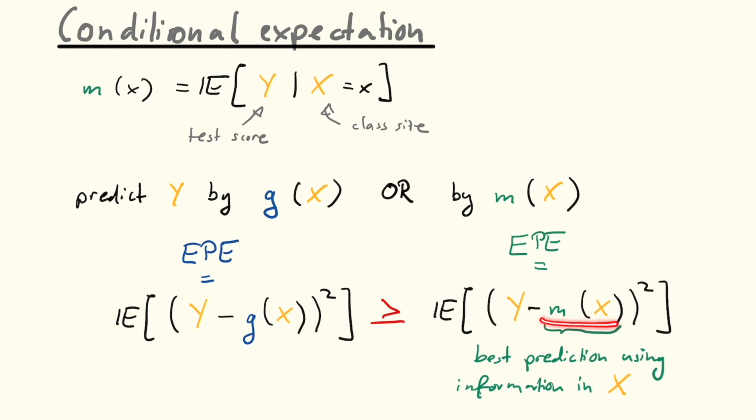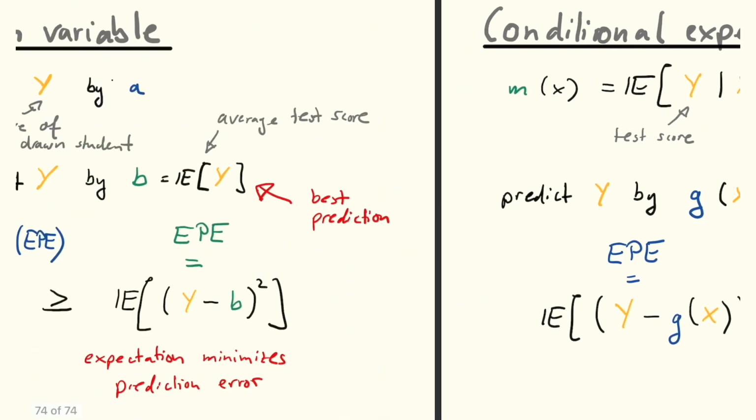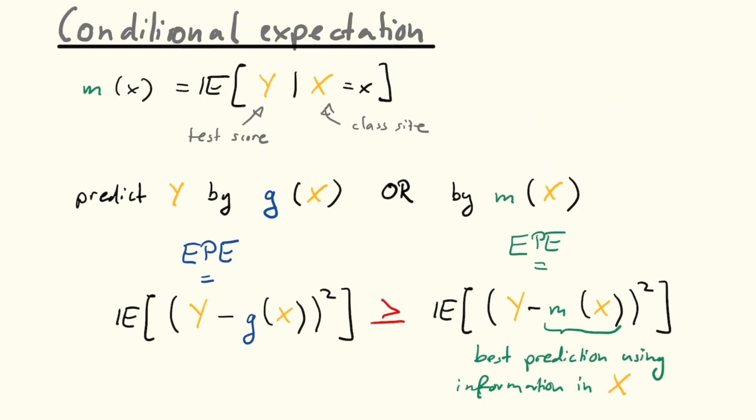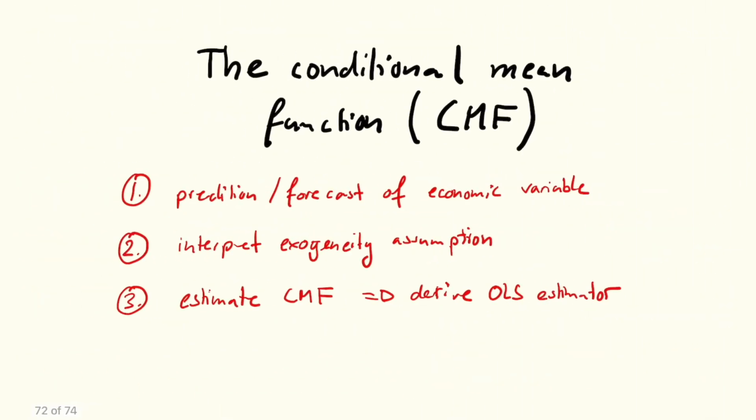Clearly, m of x depends on the random x and is therefore random itself. M of x is therefore not a valid, fixed numerical value in this framework. This new interpretation of the m function gives us immediately access to these three powerful applications.